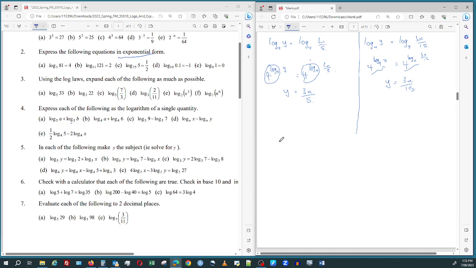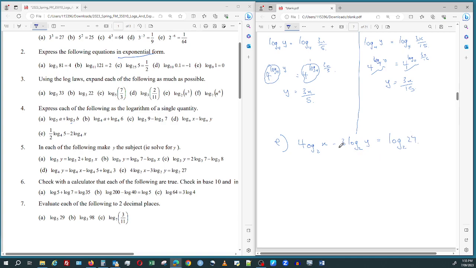Anyway, looking for E: 4 log base 2 of x minus 3 log base 2 of y equals log base 2 of 27.